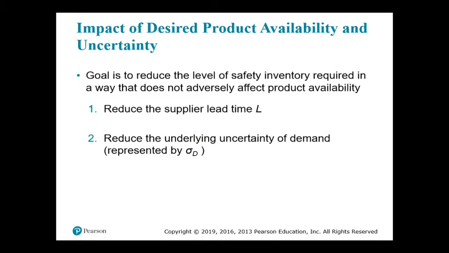We cannot actually reduce customer behavior uncertainty, but since sigma D to us is actually forecast error, what we need to do is to reduce forecast error. And there are various solutions to reduce forecast error, which we'll discuss later.